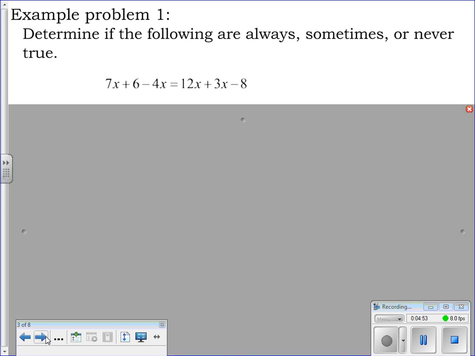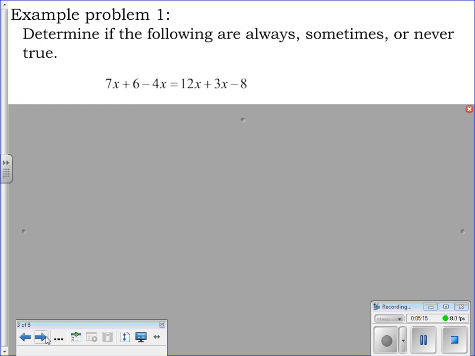Okay. So example number 1: determine if the following are always, sometimes, or never true. So you have an expression, and you want to know, is it always true, sometimes true, or never true, before even continuing? Sometimes you can get to a point where you say, listen, I know there's no solution, why bother going on?